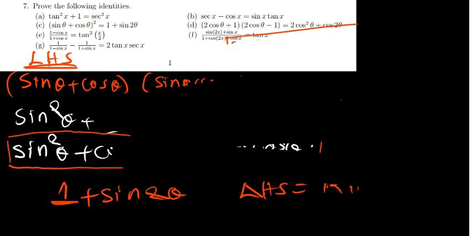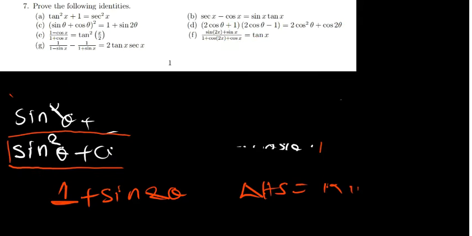What of part D? Part D is saying we have 2 cos theta plus 1. Now which side can I start with? I can get 1 or I can get 2. That is okay, I can start with the left hand side.